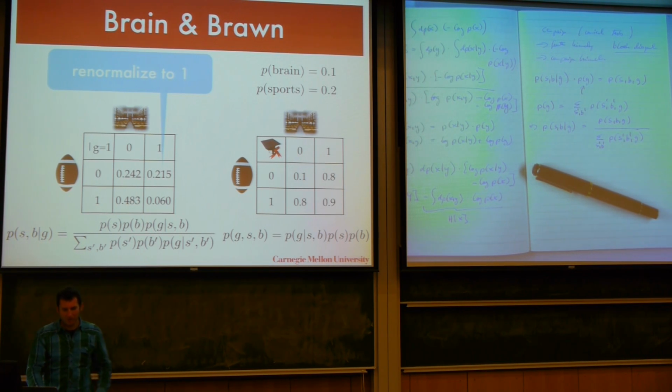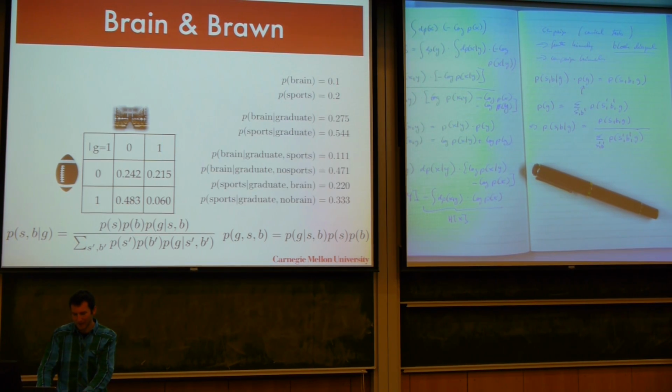So now I have the conditional probability of being smart or brawny given that you graduated from college. These numbers now have to sum up to 1. And then I can do interesting things with it, like I can ask what are the chances that you're smart if you graduated?